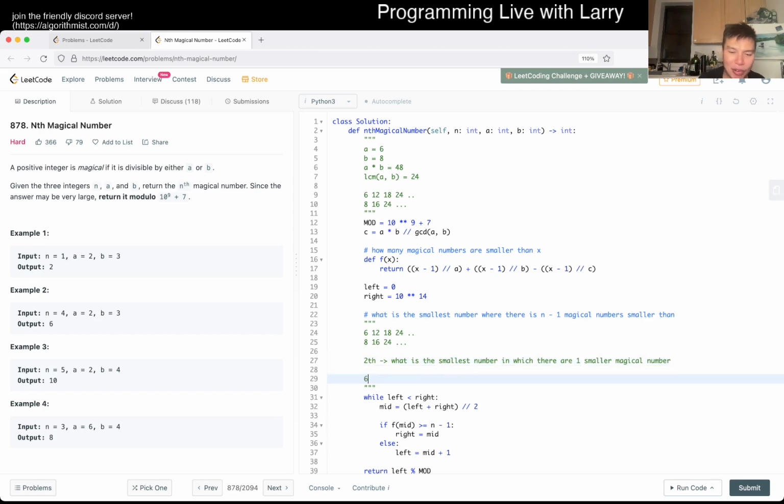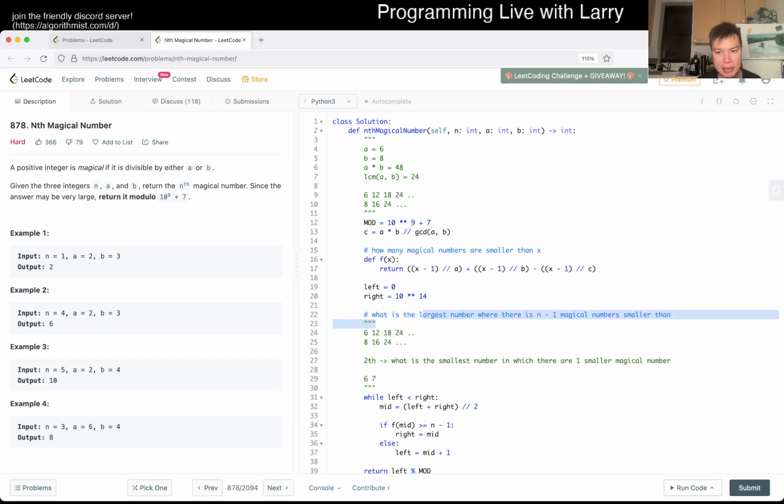And that means that if you put this in a sorted list, then the number is actually 7, right? So this actually returns 7 because 7 has one smaller magical number. So actually what we want is the largest number where this is the case.